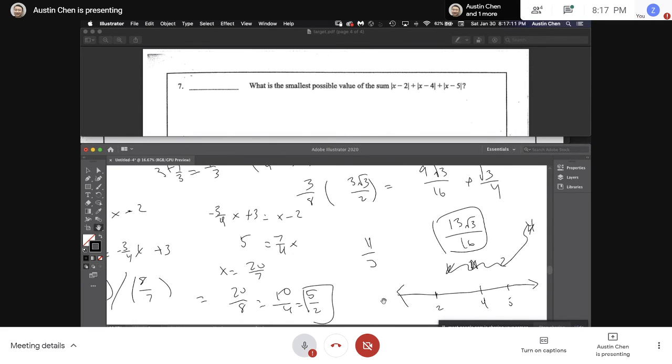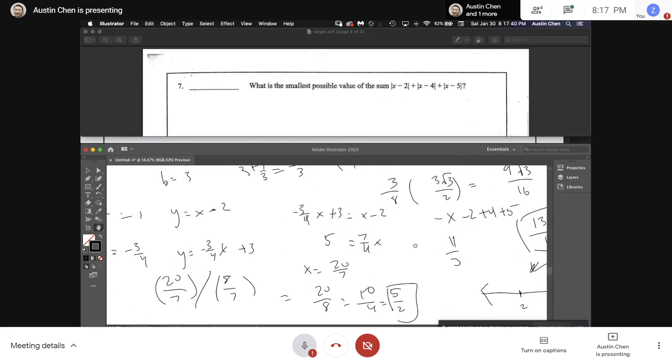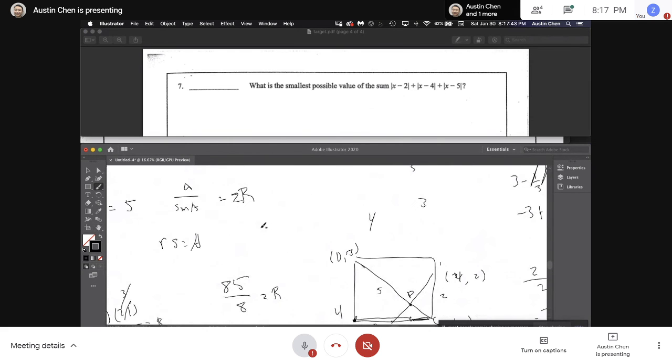Okay, so you're gonna have negative x's on the 4 and the 5. So you're gonna have negative x minus 2 plus 4 plus 5. Wait, no. See, if your x is 11 thirds, then you're gonna have x minus 2 minus x plus 4 minus x plus 5, so then you have negative x plus 7.